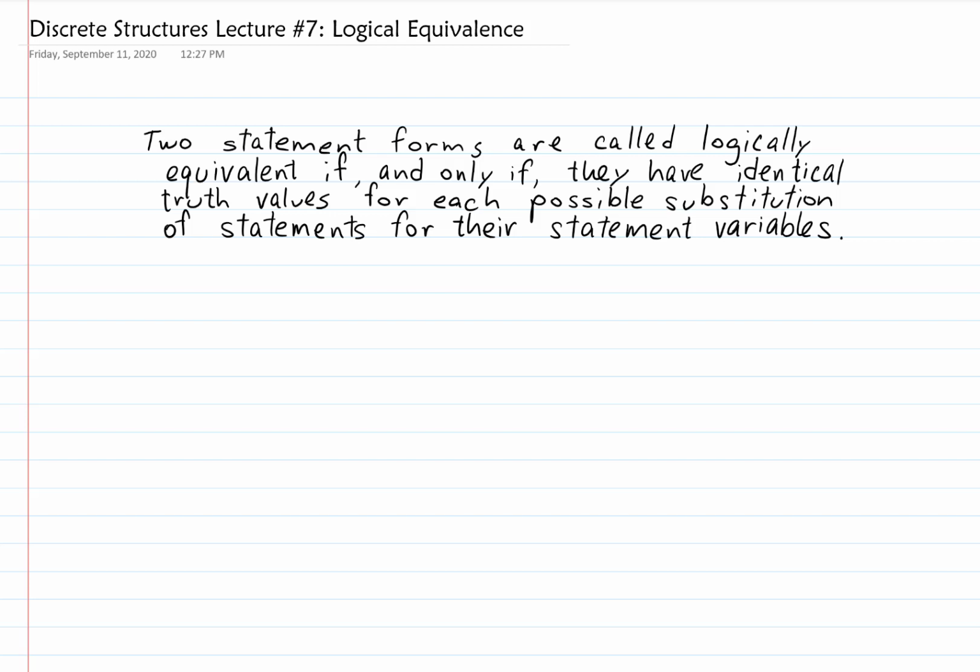We will show that, so here's one statement form, the negation of P and Q. And the other statement form I want to write down is the negation of P and the negation of Q. And I will show that those are not logically equivalent.